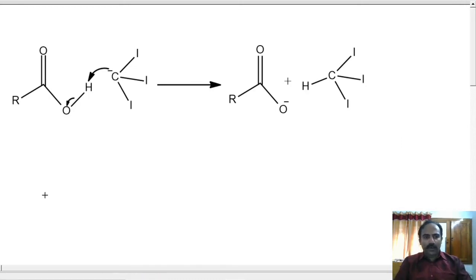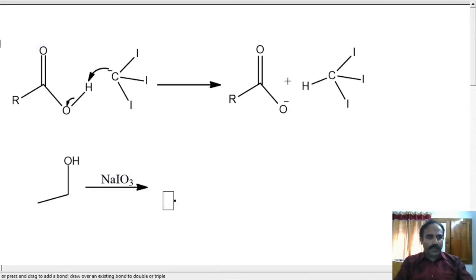Now what about alcohols like ethanol or a secondary alcohol? So this is ethanol. NaOH and iodine could react and form sodium iodate. So this sodium iodate can oxidize alcohol into the corresponding aldehyde.